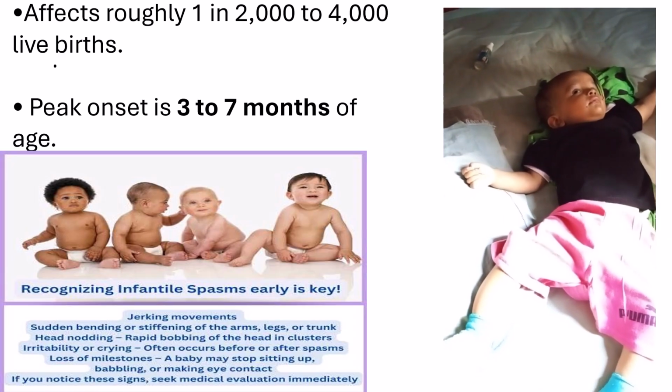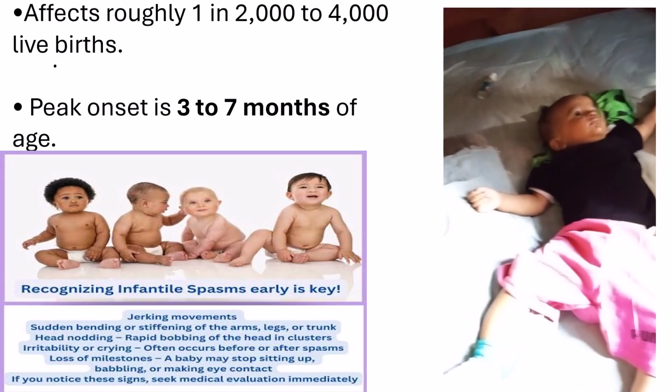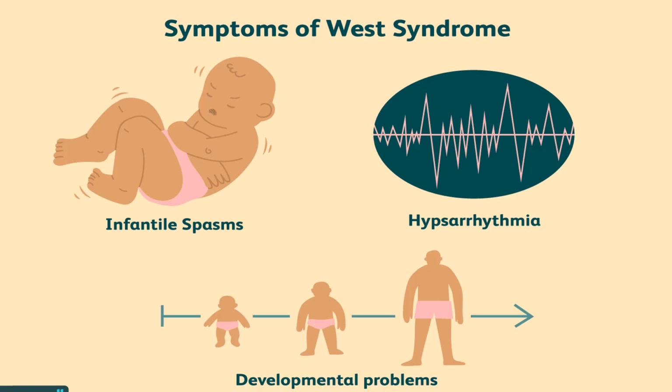The West syndrome triad includes characteristic epileptic spasms, interictal EEG pattern of hypsarrhythmia, a chaotic high voltage pattern, and developmental arrest or regression. So, to receive a traditional clinical diagnosis of West syndrome, a child must exhibit three specific criteria.